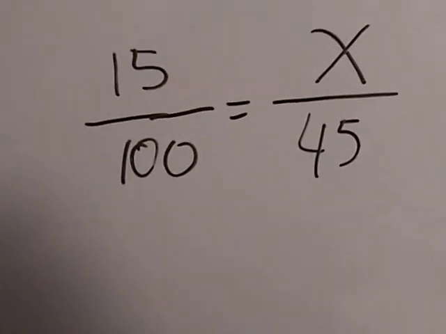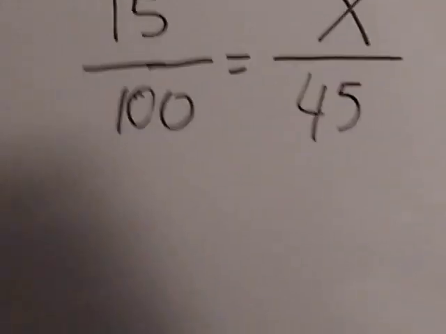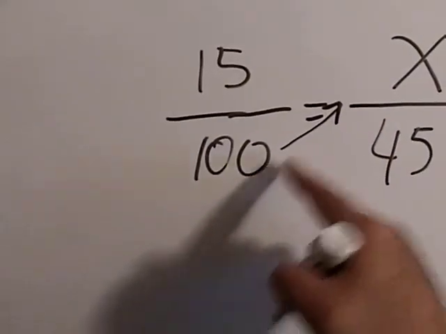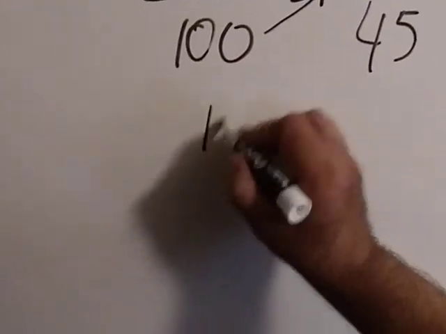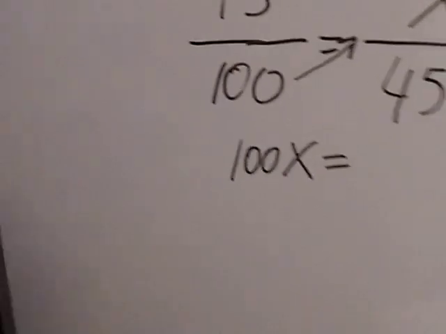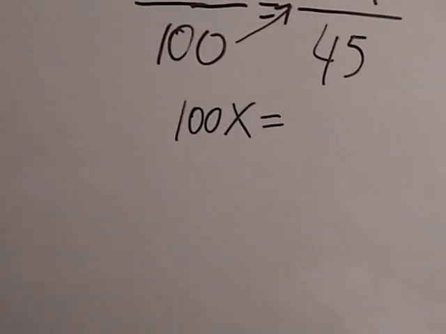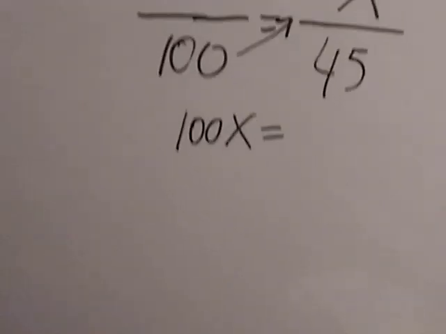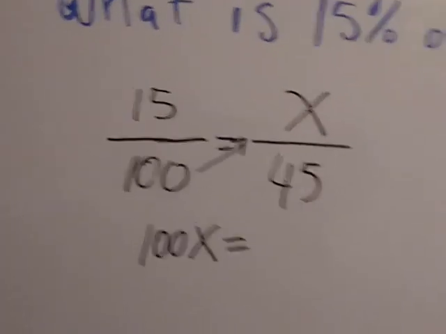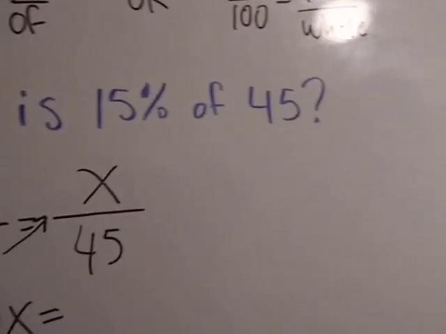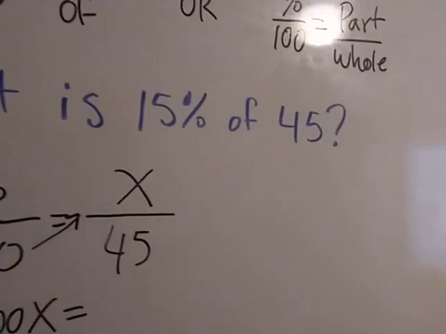How do we solve for this? We cross multiply. So we're going to multiply the 100 times the x, which gives us 100x, and then we are going to multiply the 15 times 45. Sorry, trying to juggle everything here, guys, I'm sorry.